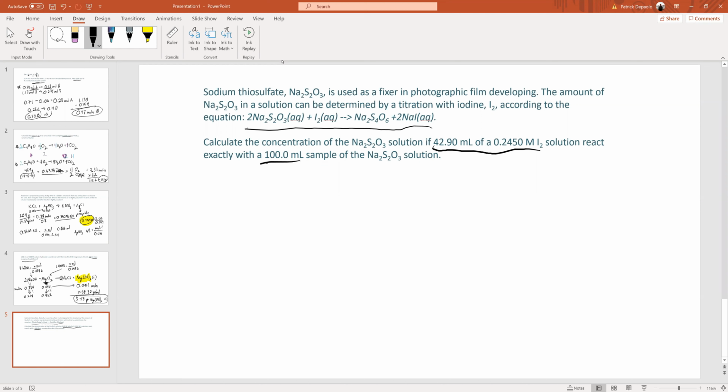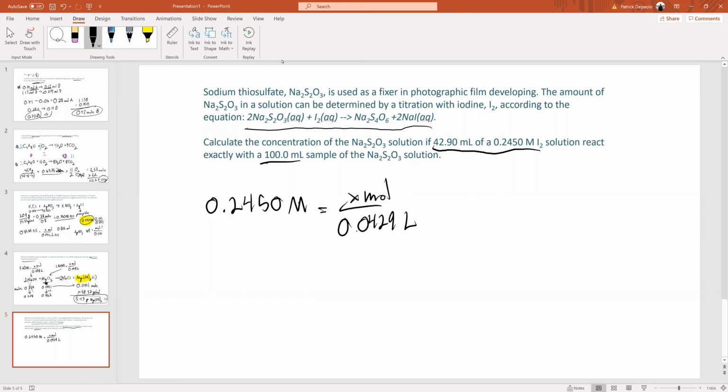So the first thing we want to do is calculate the moles of I2, because we want to know how much quantitatively reacts. And then we can go backwards and figure out how much Na2S2O3 reacts and figure out the molarity for it. So one step at a time, you have 0.2450 molarity of I2 equals X moles divided by 0.0429 liters.